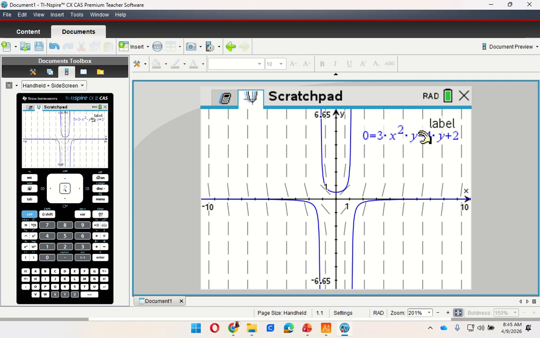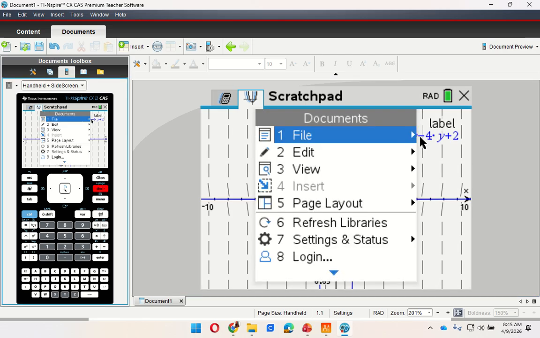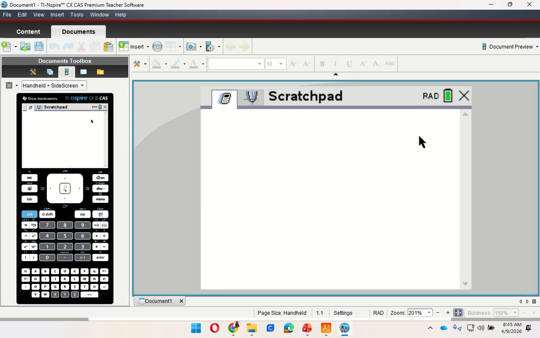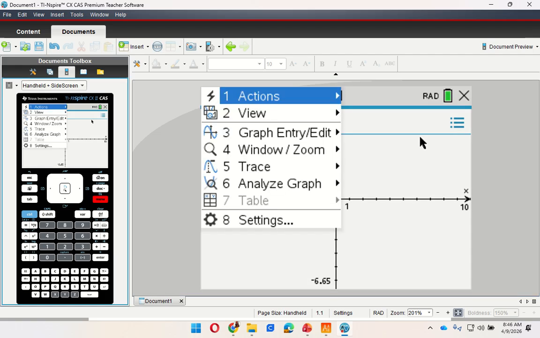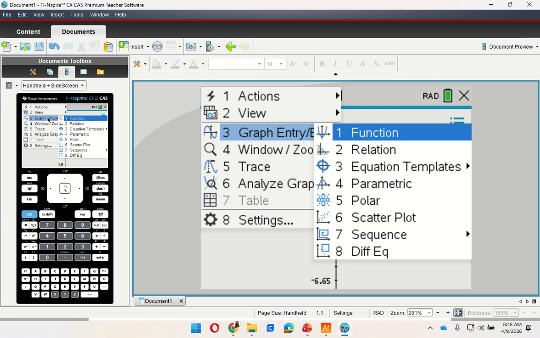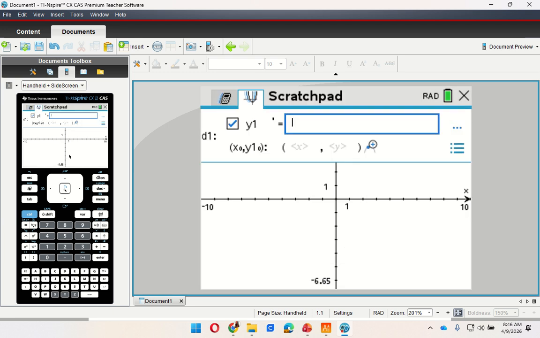So, let's go back and start it over again because Tree is following along now. All right, so from right here from the graph, I start by doing what? Menu. Thank you. Menu, graph entry, differential equations. Very good.